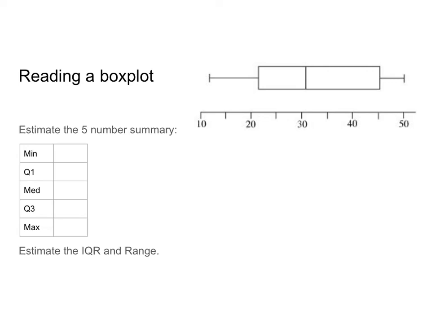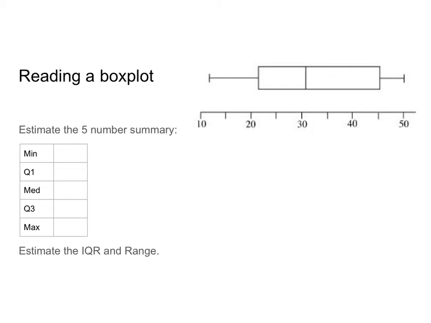All right, so now we're going to practice reading a box plot. So I do want you to pause and copy down this box plot first, making sure that your scale is even, and then drawing in the box plot as accurately as you can. I know that the numbers aren't exact. That's kind of the point. We're going to be estimating, but get it as good as you can. And then I want you to estimate the 5-number summary.